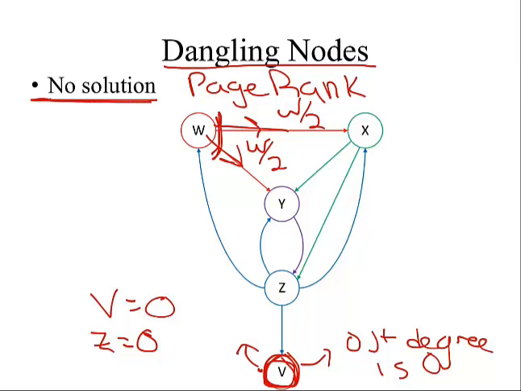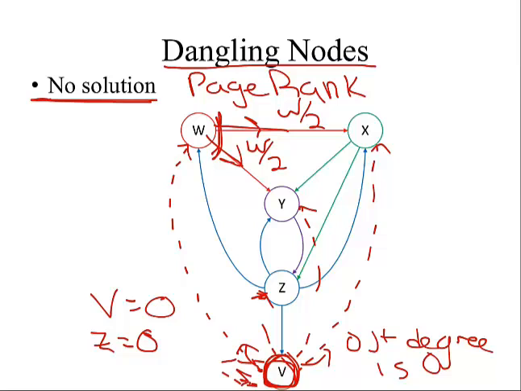The way that PageRank actually deals with this is it assumes that the dangling nodes will point to all of the nodes in the graph. So there's a link to W, a link to X, a link to Y, and a link to Z. And actually even a link to V itself. So there's a self loop here, we assume.